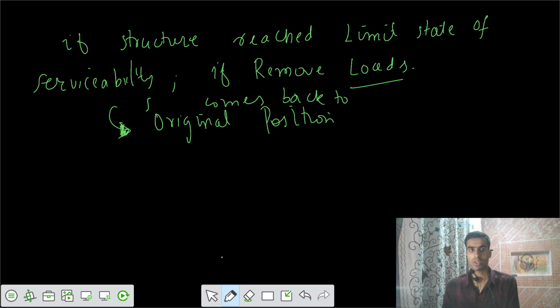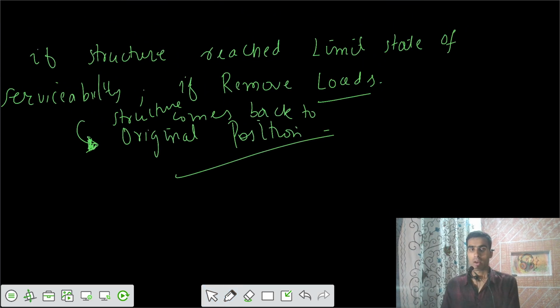But it is not true for the limit state of collapse. Once it has reached that limit state, it would never come back to its original position. That's your criteria for the limit states of serviceability and collapse.